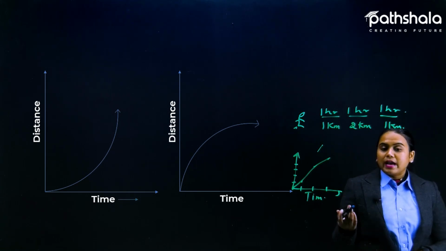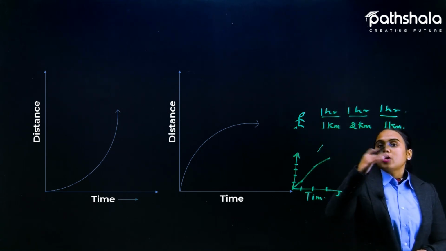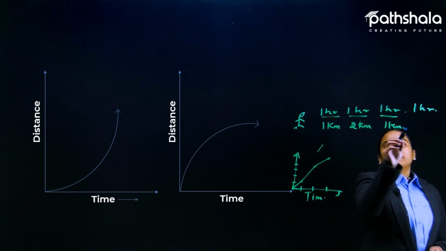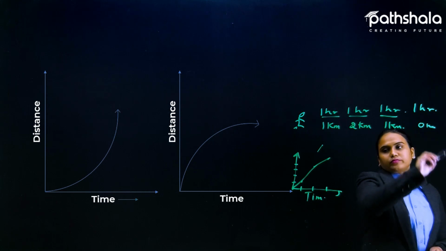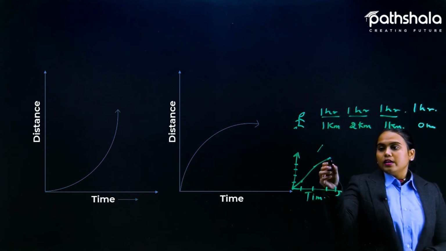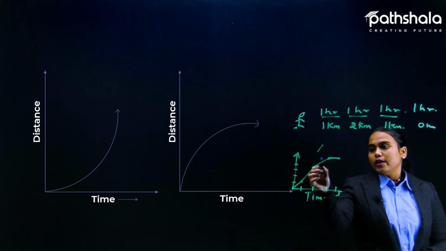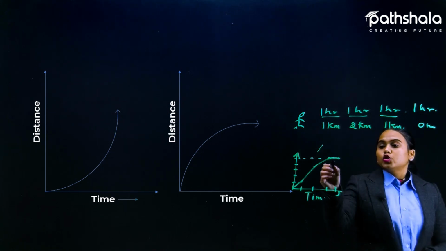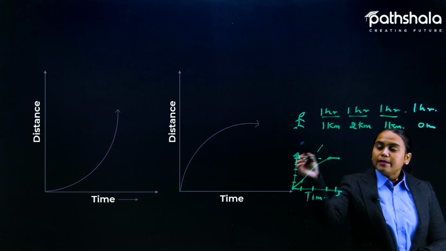In the same manner, if somebody stops, like in another hour he covers 0 kilometers, he is not going to move now. Another 1 hour, he is again at the same position, because this point gives you the idea of how many kilometers he has covered.